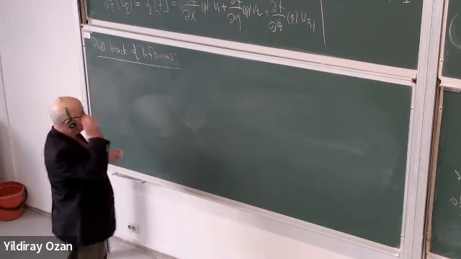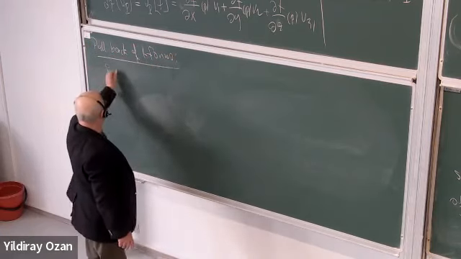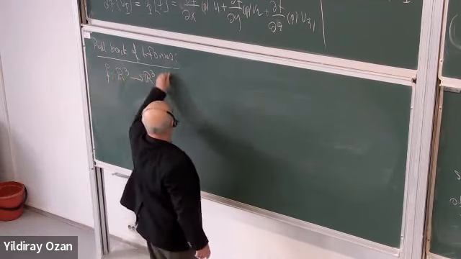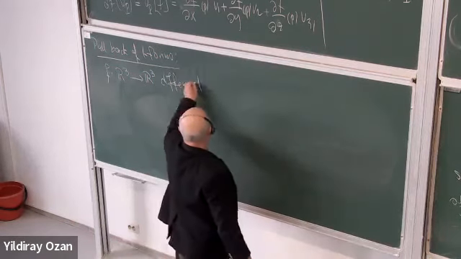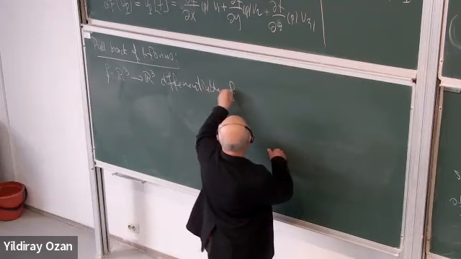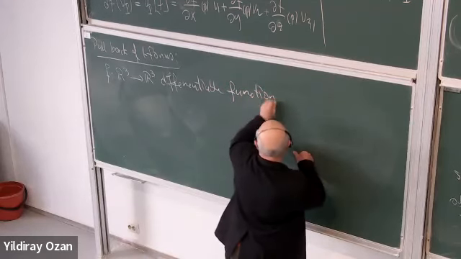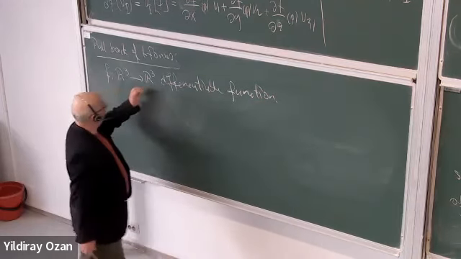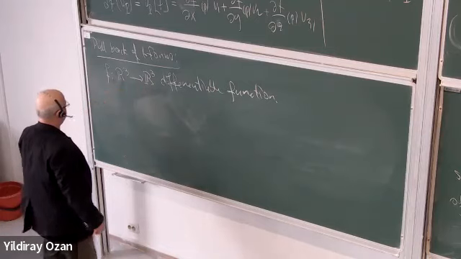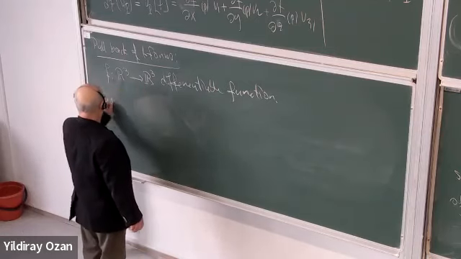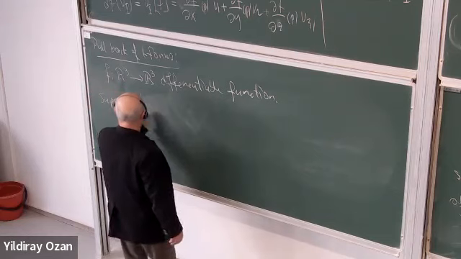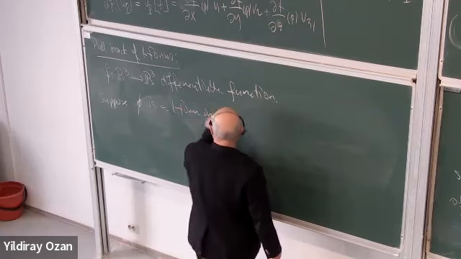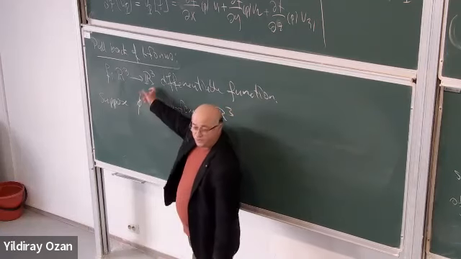So suppose I have a differentiable function from R3 to R3. And we have a one form on R3. Suppose it is defined here.